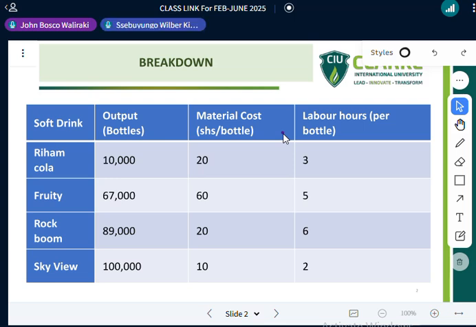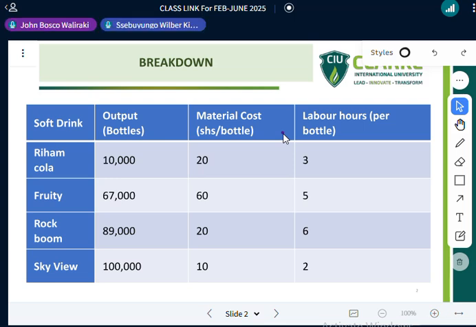What we do not have is how much it takes to produce a single bottle in terms of direct labor per bottle. So what we have is the labor hours, but not the cost of direct labor going into a bottle.